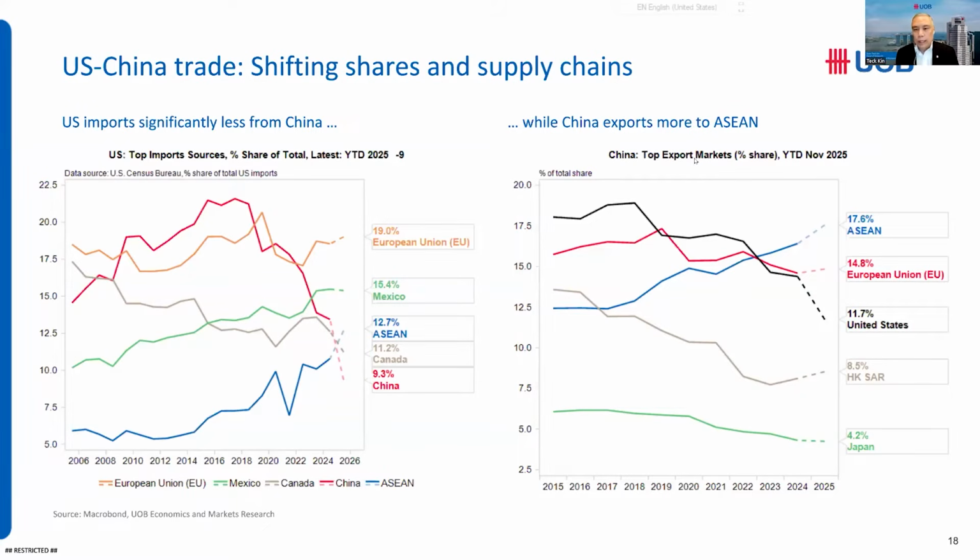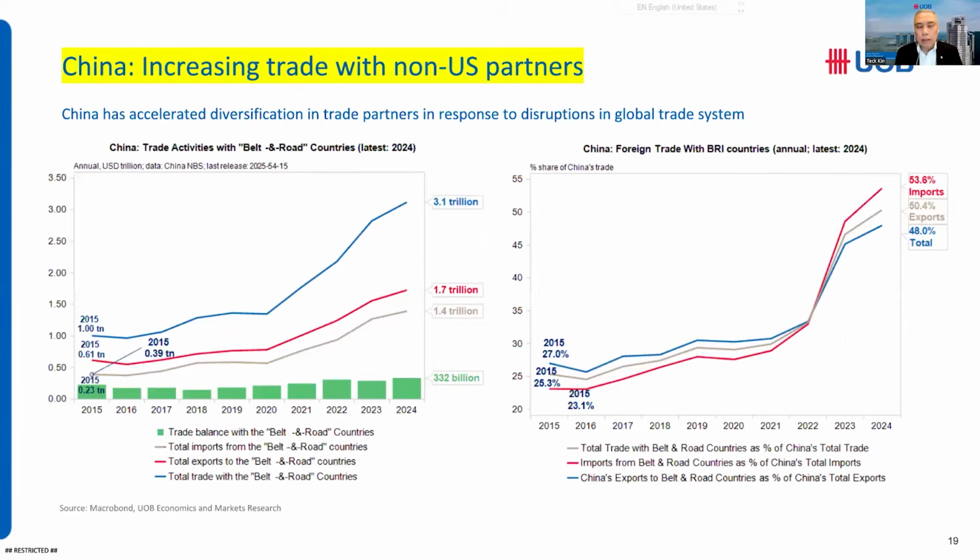So China exports to other markets, for example the US, are coming down, and also even with Japan. So ASEAN is helping to support these China exports. Okay, now I mentioned non-US trade with China, and this is the chart that we have here.